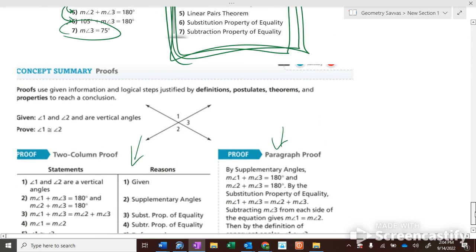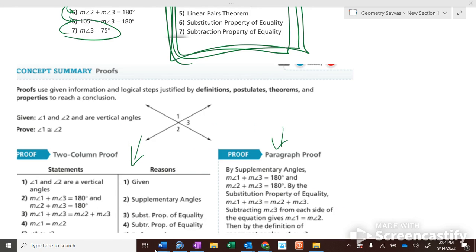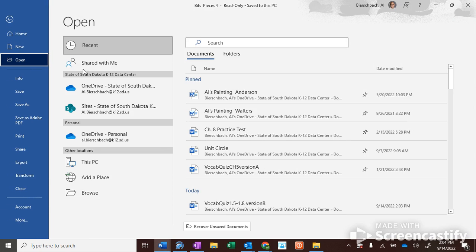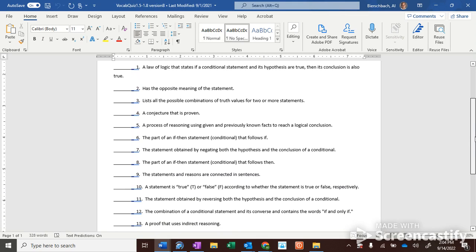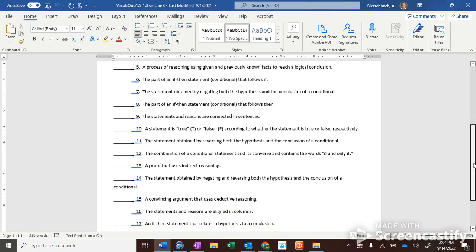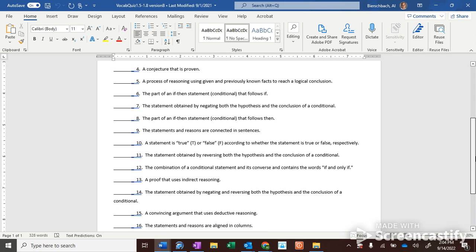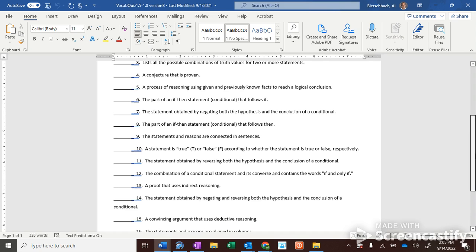All right. For proof, write this down. A proof is a convincing argument that uses deductive reasoning.